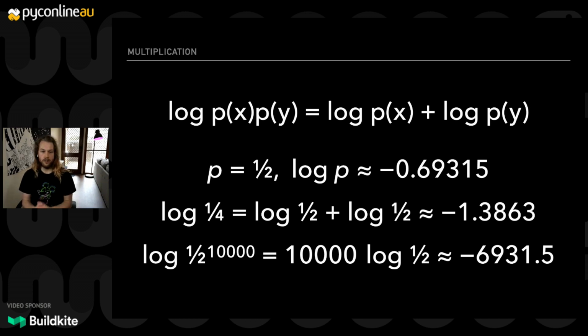The log of the probability of having two heads is just the log probability of one head added to the log probability of the other head. And the log probability of getting 10,000 heads, which we were unable to do before because it underflowed to 0, well, we can compute the log probability of that, and it's about negative 7,000.